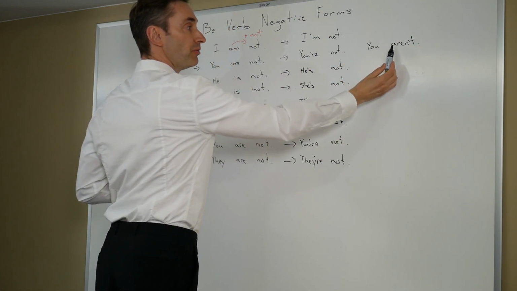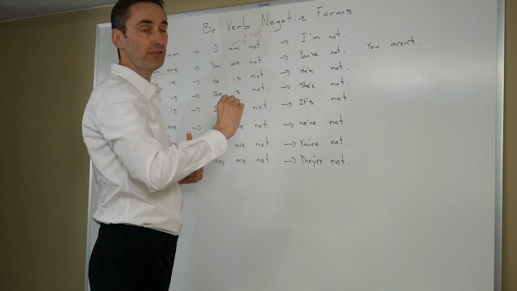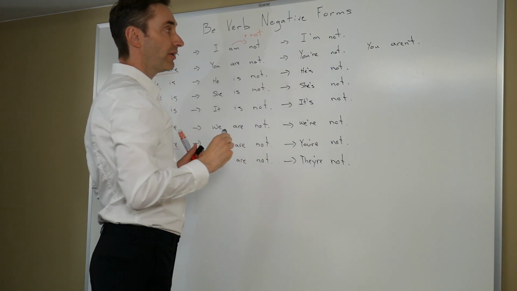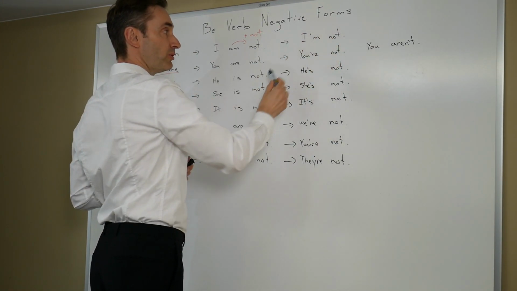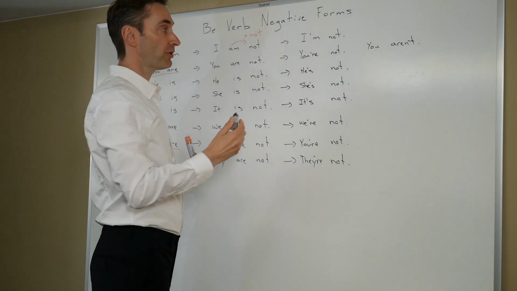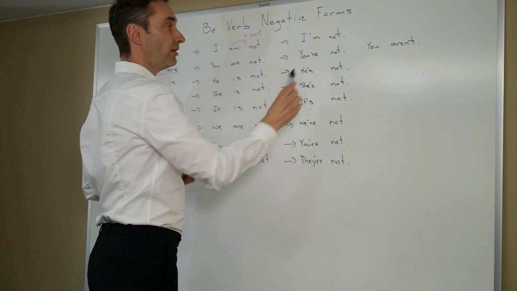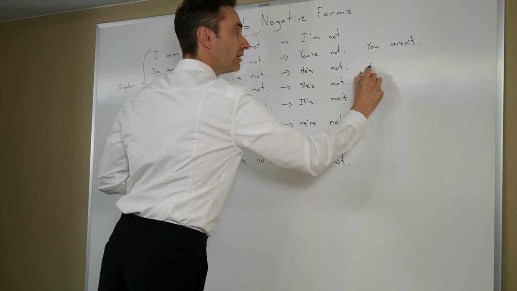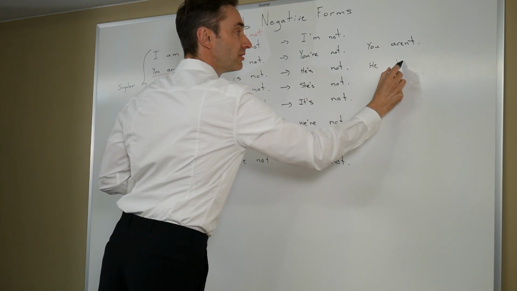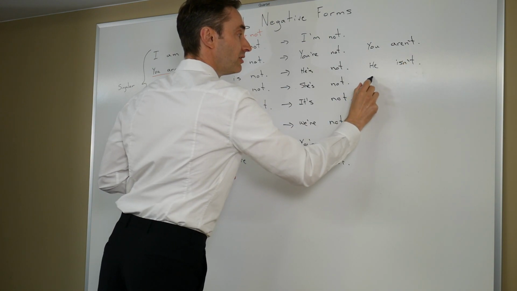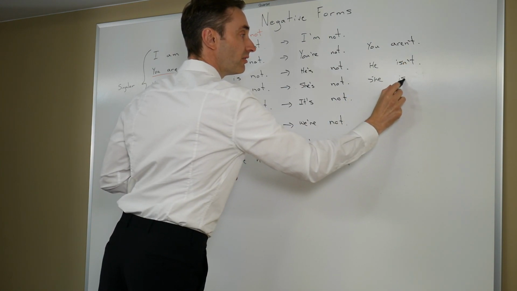We can also shorten the be verb with a not in the sentence. With I, we cannot. With I, we can only shorten to I'm not. There is no other shortenings, no other contractions with I'm not. But with you, you can. You aren't. He isn't. She isn't.